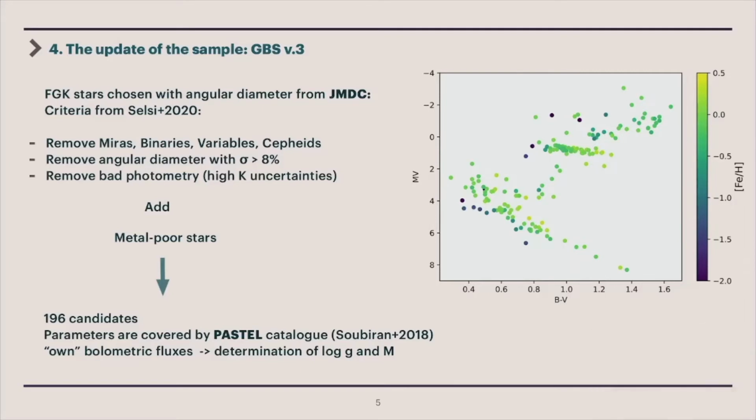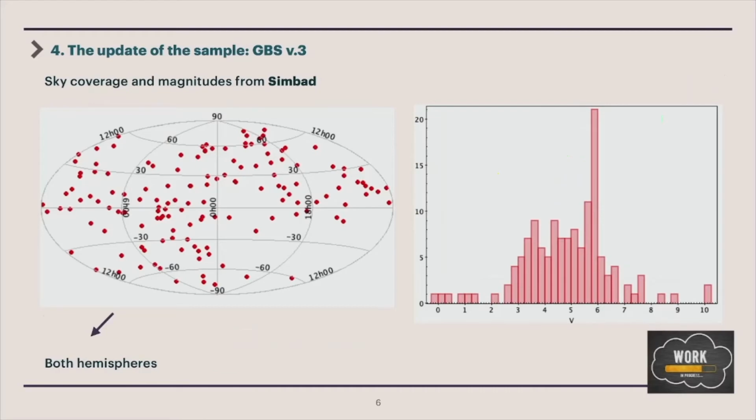The novelty of this last sample is that we are trying to compute our own bolometric fluxes using spectral energy distribution fitting, and then determine gravity and mass using a stellar evolution code. This sample of stars is on both hemispheres, and you can see that it covers a wide range of magnitudes, arriving up to 10 magnitude in the V band.